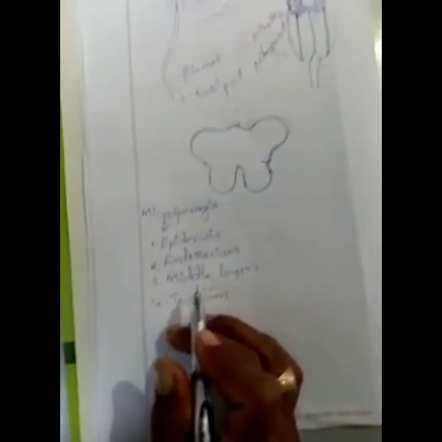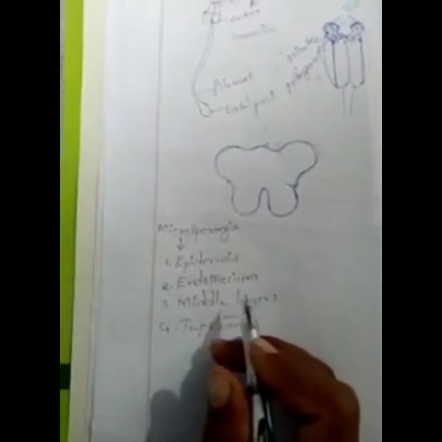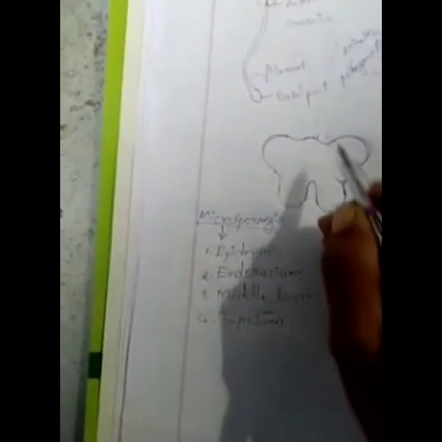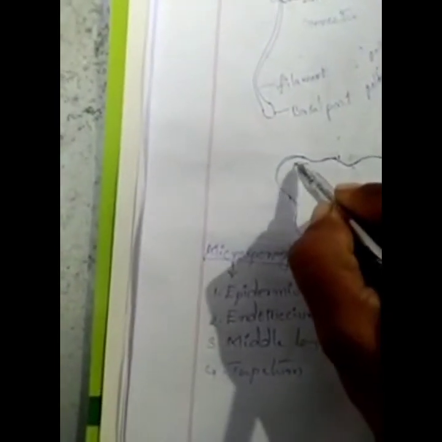A microsporangium is composed of 4 layers. The outermost layer we call the epidermis, and the epidermis is single layered.